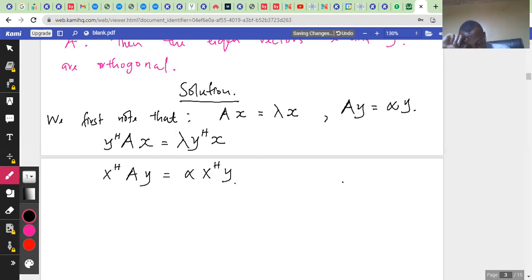Now we want to take the Hermitians on both sides for the second equation.